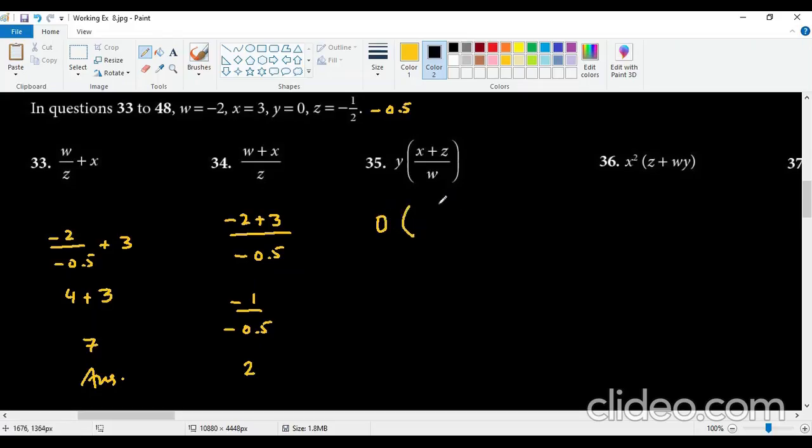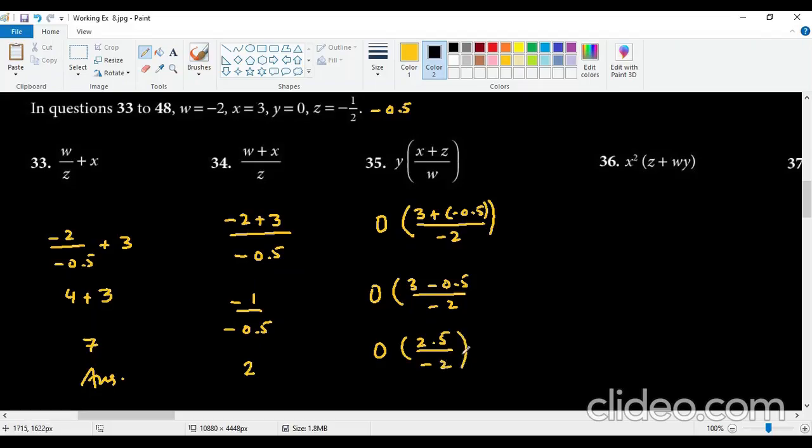Now, the value of y is going to be a 0, which is going to be multiplied by the value of x, which is 3, plus z is negative 0.5. Ultimately, once you multiply anything by 0, you should get a 0. But still, this working is to be seen on the paper once you're doing. So 0 is multiplied by 3 minus 0.5, which is going to give you a 2.5 divided by minus 2.